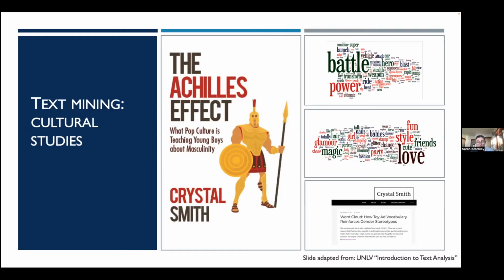She did a word cloud for TV commercials for so-called boys' toys, and then the same for girls. You can see that the results really stand out. The top is the toys marketed to boys, the bottom to girls. So often choosing the right visualization can be a powerful thing. You can tell a powerful story if you frame it right.